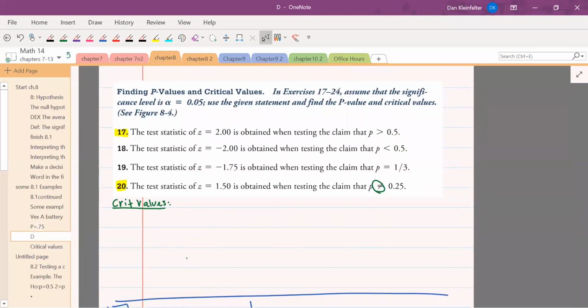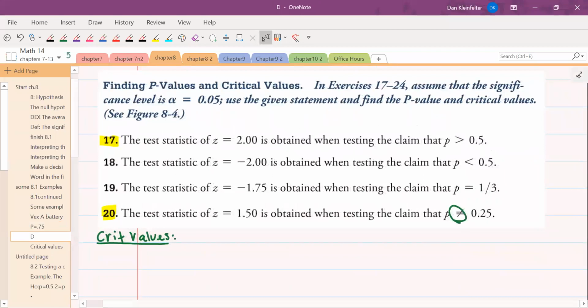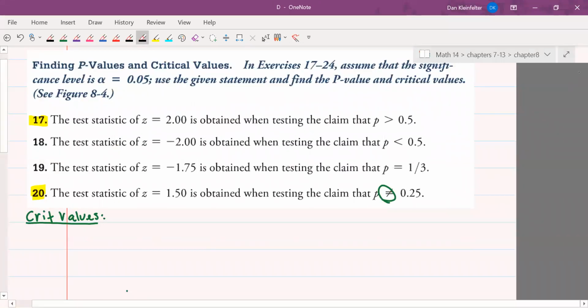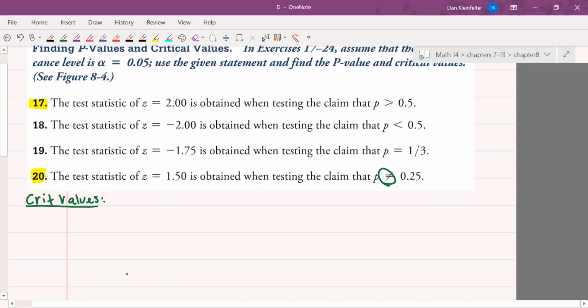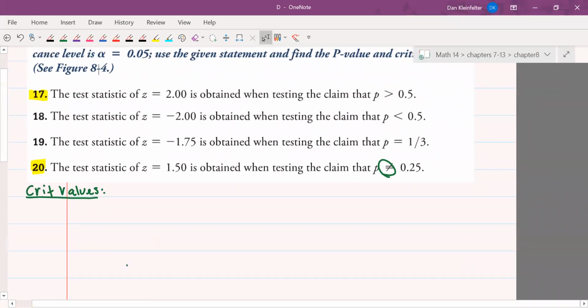Okay, all right, so here we're practicing finding p-values and critical values. We'll do number 17 here. We're going to assume for each of these examples that our alpha is 0.05. So for 17, we're given a test statistic of 2 when testing the claim that p is greater than 0.5. So critical value method. We're told that our alpha is 0.05.